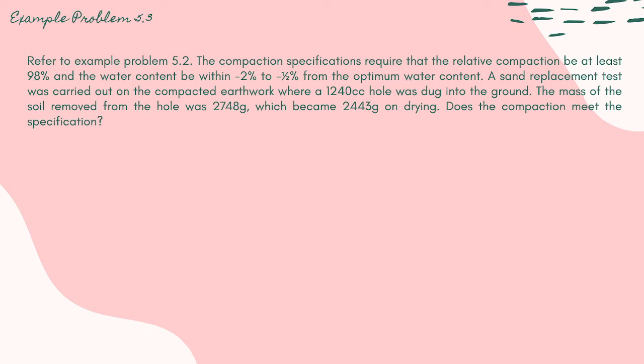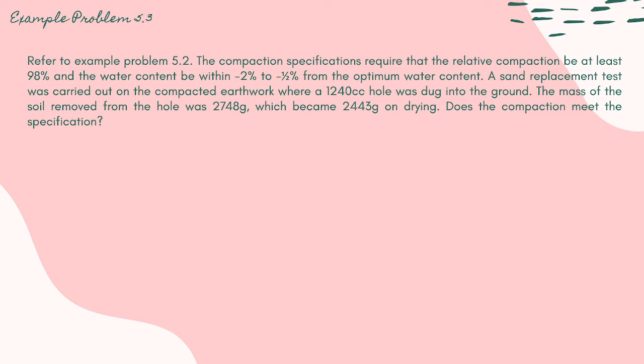For the next example problem, we are asked to refer to the previous problem, and some specifications for compaction are presented. The compaction specifications require that the relative compaction be at least 98% and the water content be within negative 2% to negative 0.5% from the optimum water content.